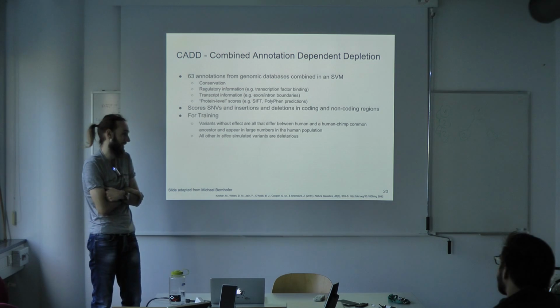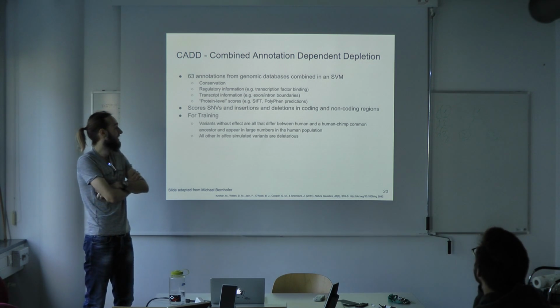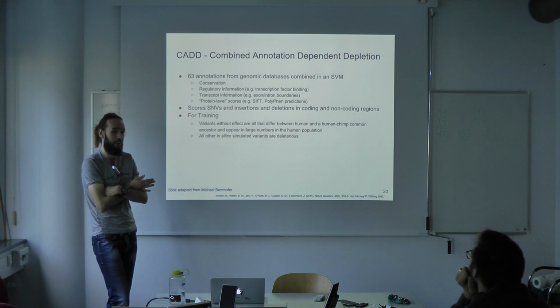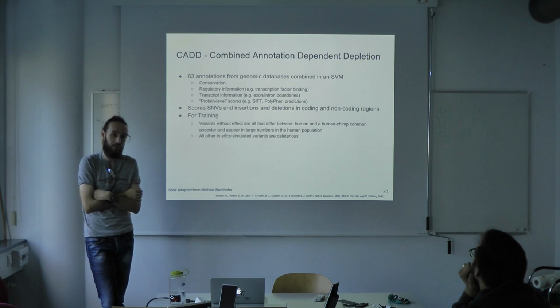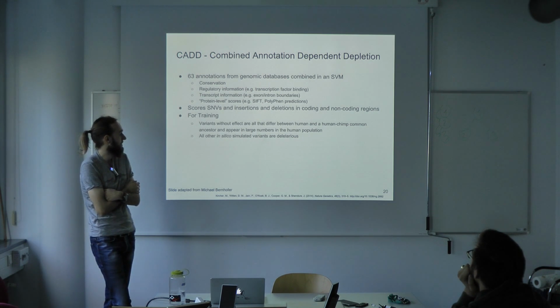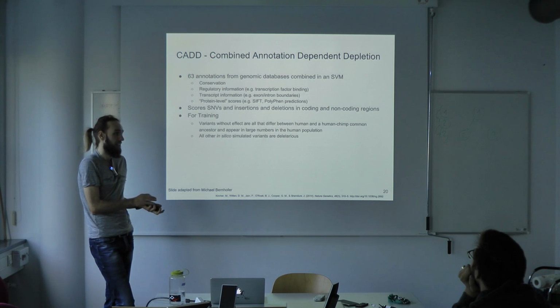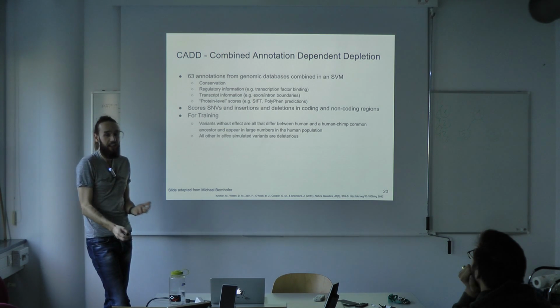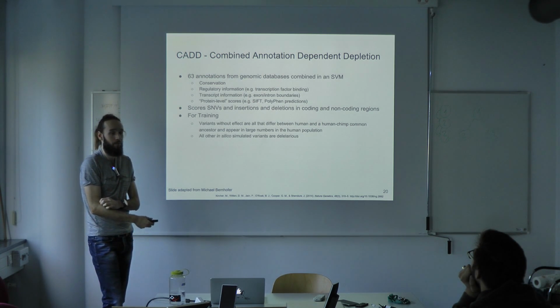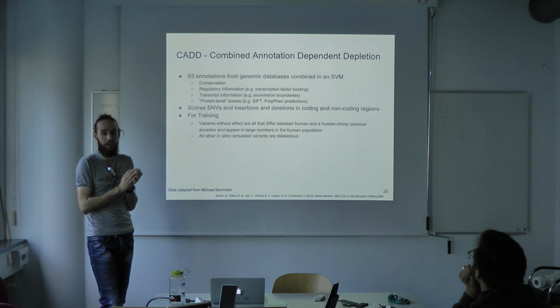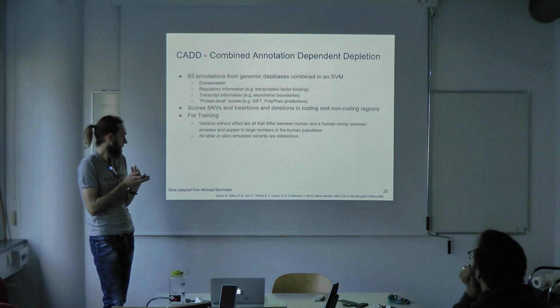Because, yeah, why not? The difference here is that this is not just on the protein level, this works on the DNA level. So, to talk about exons, introns, and transcription factor binding, this is not something you can do on an amino acid sequence. They are actually able to score variants on the DNA level, and because of that also essentially have access to more information.